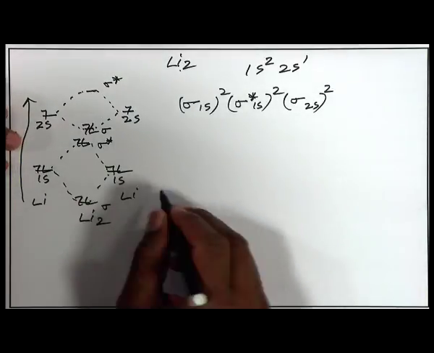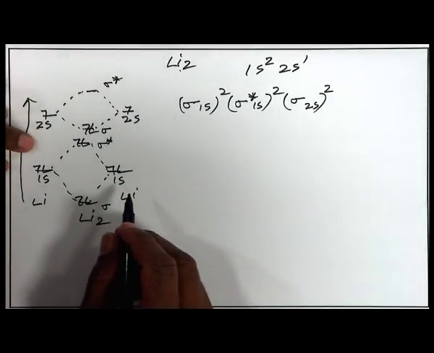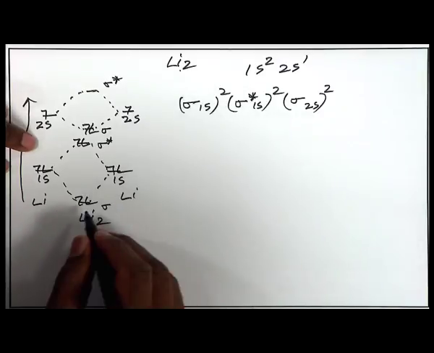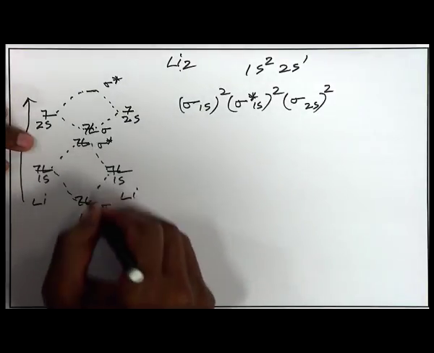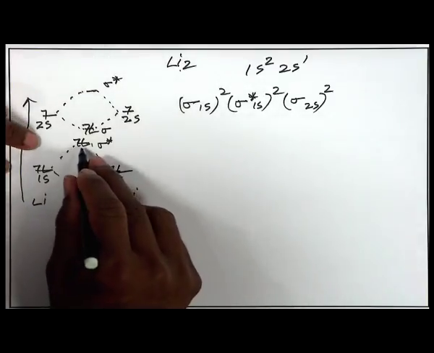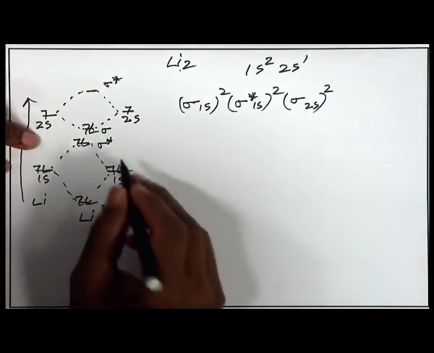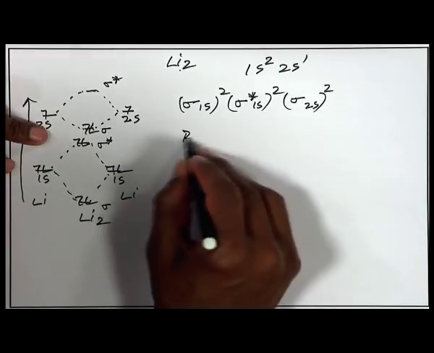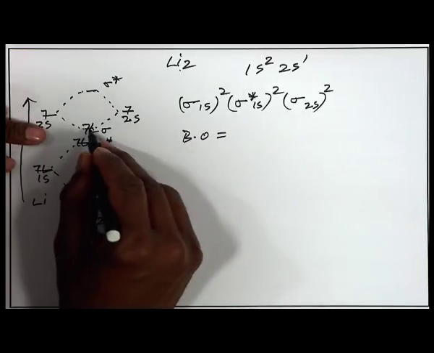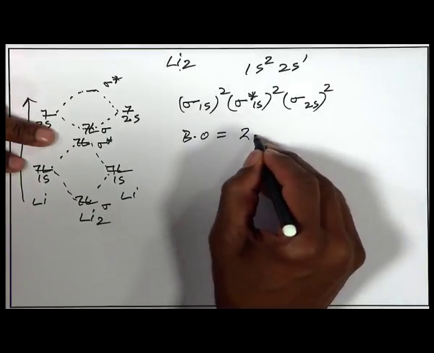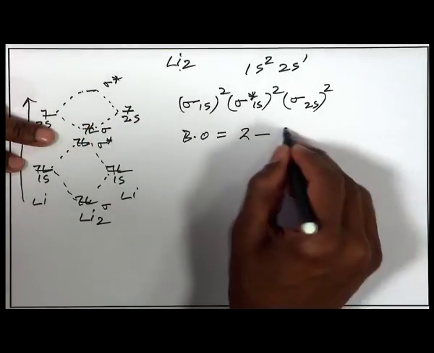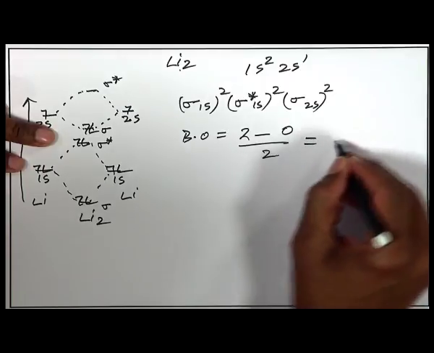Now, we have to find out whether it is stable or not. The bonding is cancelled by the antibonding of this, so 2 electrons are cancelled by another 2 electrons present in the antibonding. Now, for the bond order, the number of electrons in the bonding orbitals is 2 minus the number of electrons in the antibonding orbitals, 0, divided by 2, equal to 1.